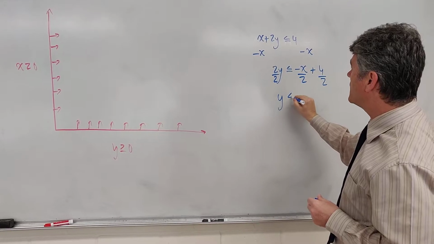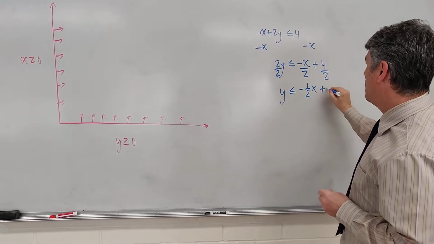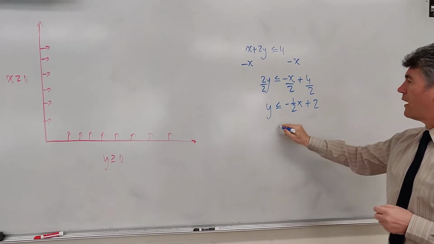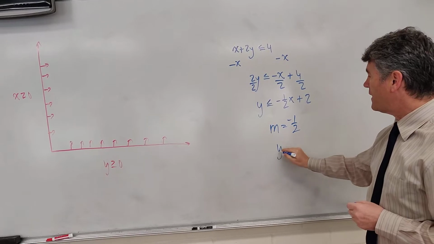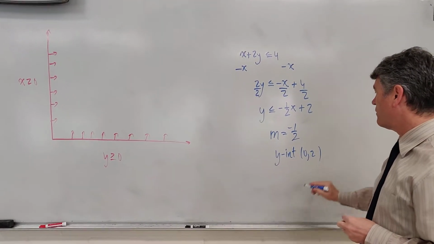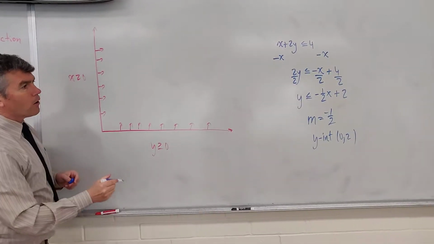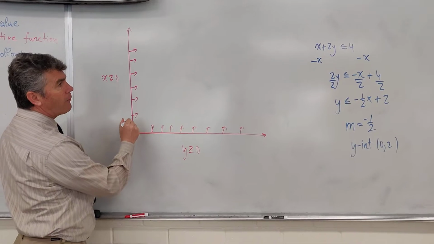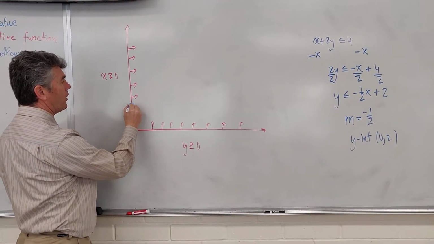And we have y is less than or equal to negative 1/2 x plus 2. Our slope is negative 1/2. Our y-intercept is (0, 2). We now graph. We go 2 up on the y-axis. So 1, 2. We plot our point.